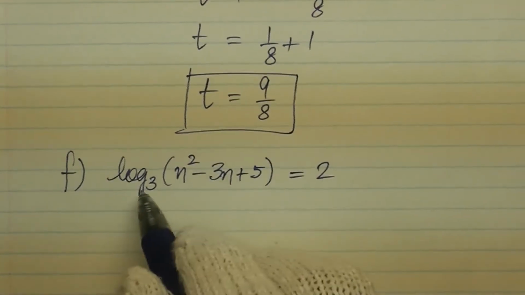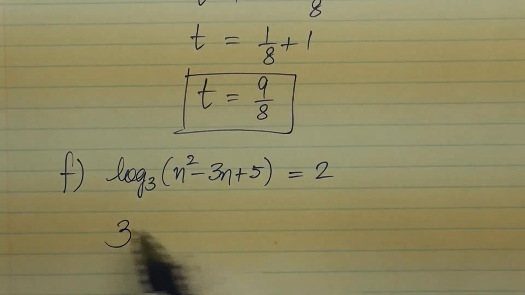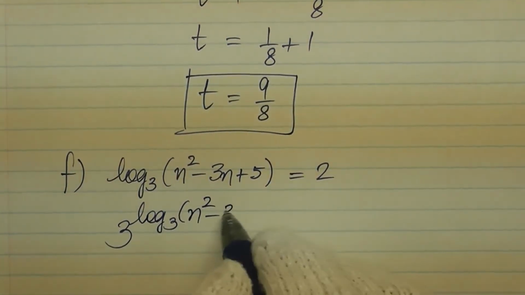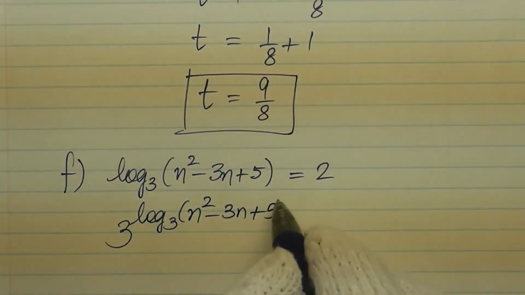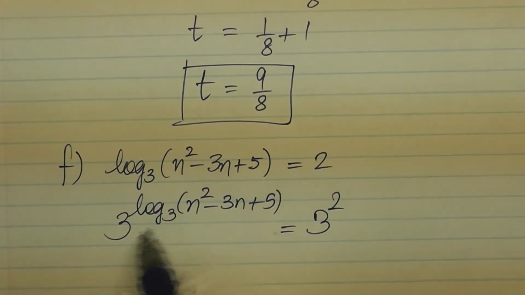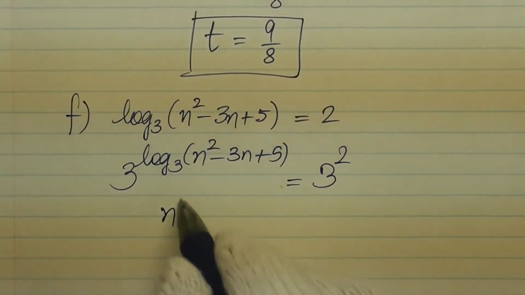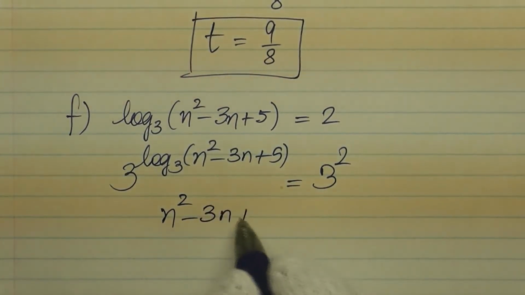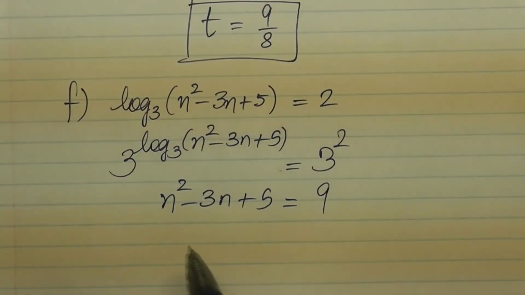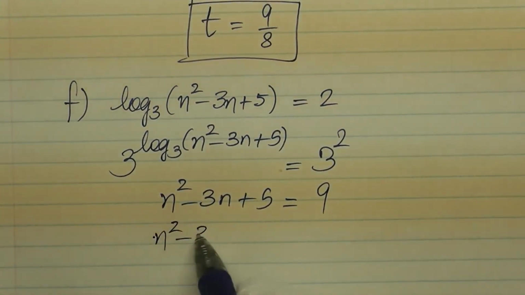So I'm going to raise both sides to base 3. And on this side I'm going to get n squared minus 3n plus 5. And on this side I've got 9. So bring the 9 over.